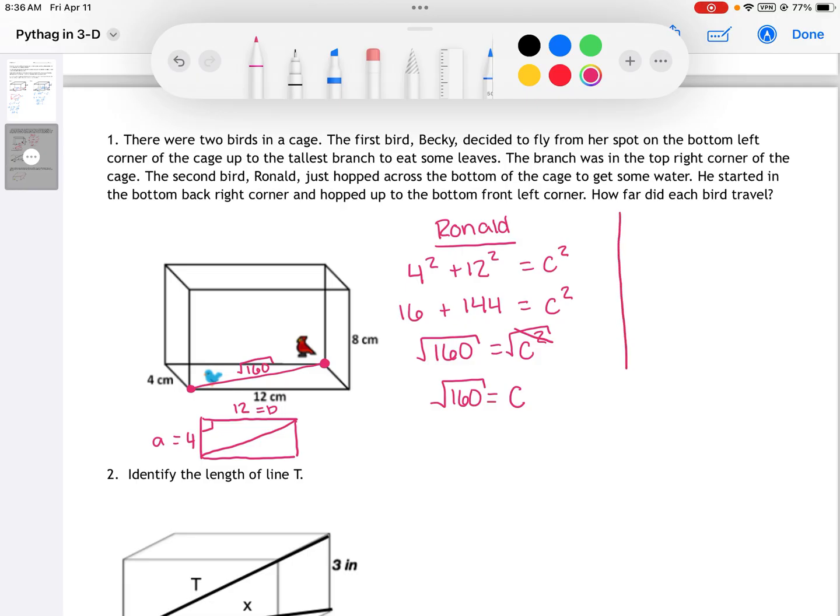The next bird is again flying across the cage, flying across our 3D cube. Becky's in her spot on the bottom left corner, so this spot here, and she's flying to the tallest branch, which is in the top right corner of the cage. It's going to be the top right back corner here.